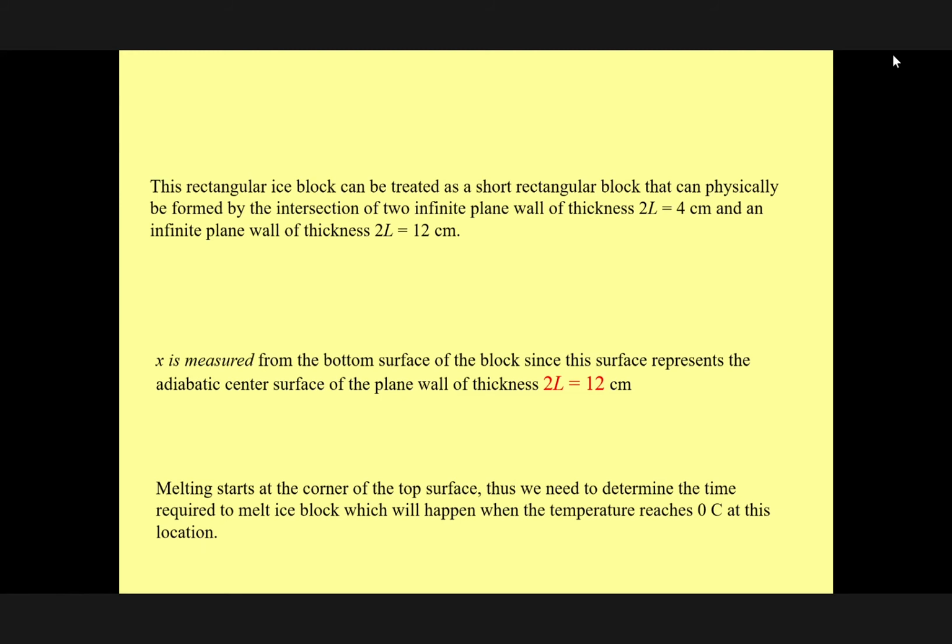Why not the bottom surface? Now, we need to determine the time required to melt the ice block, which happens when the temperature reaches 0 degrees. Therefore, we're trying to calculate how long it takes for the temperature at this top corner surface to become 0. Okay.